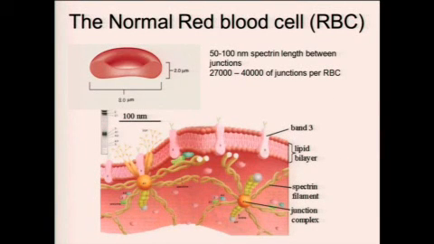So what do we have to model? Well, this is I guess a cartoon of a red cell. Here are the major dimensions. There are something like 27 to 40,000 junctions in this spectrin skeleton, which underlies a lipid bilayer.